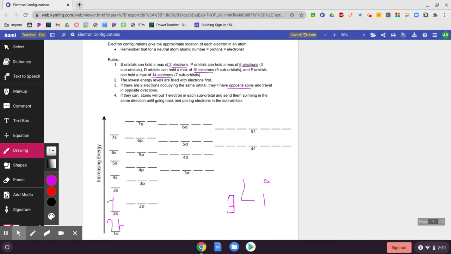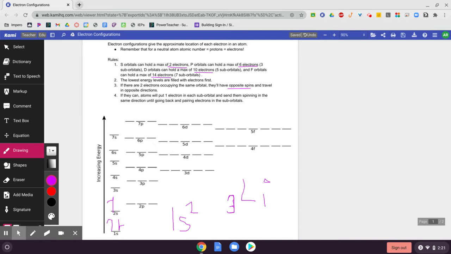So if I was going to write out my configuration, I would say that we have in the 1s orbital 2 electrons, and I represent the number of electrons as a superscript on the orbital letter.